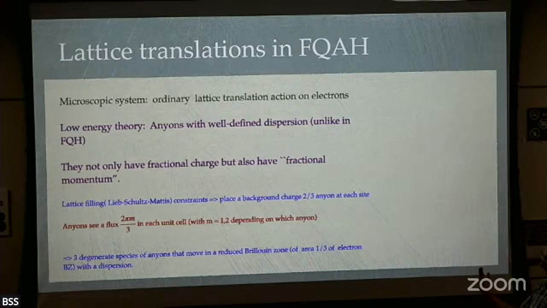Now, this statement is much more general than the particular example I'm talking about. There are very deep results that have been proven, what are called the Lieb-Schultz-Mattis restrictions, for what kinds of gapped ground states are possible at fractional filling. If you want a symmetric gapped ground state at fractional filling, you always need fractional charge and associated topological order.